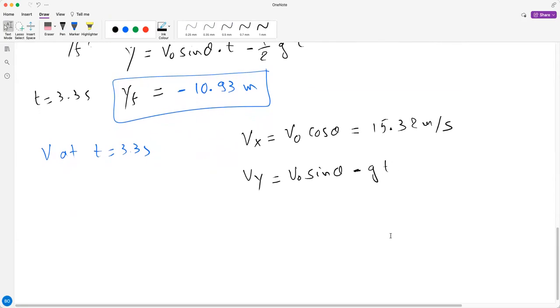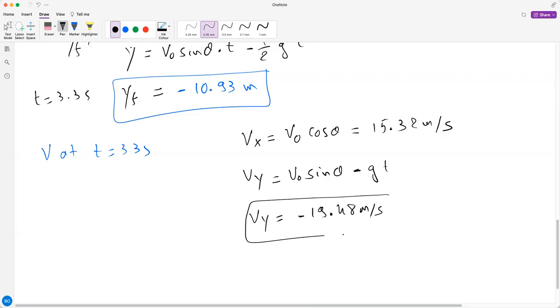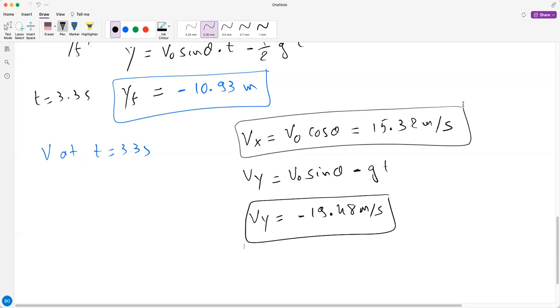So we can easily see that vy is equal to minus 19.48 meters per second. This is to be expected. Why? Because the velocity along the y-axis is negative, and the velocity along the x-axis is positive.